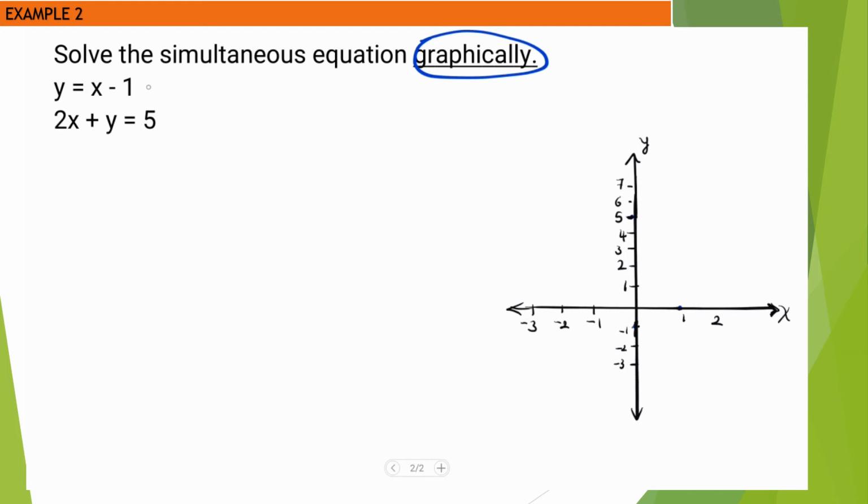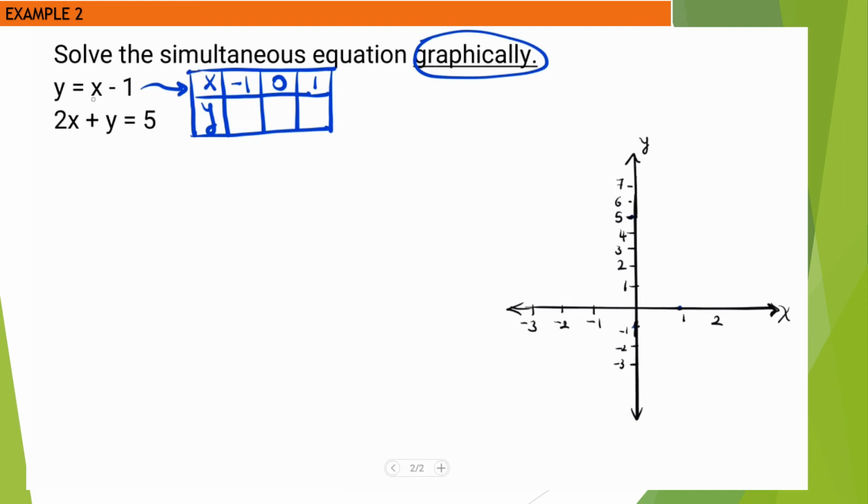From the first one, in order to find the points that belong to that equation, I'm going to organize an xy table and give some values to x and see what the corresponding y values are.